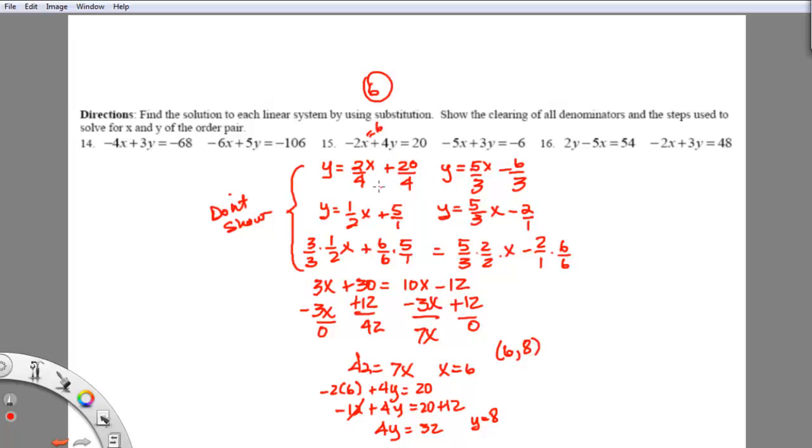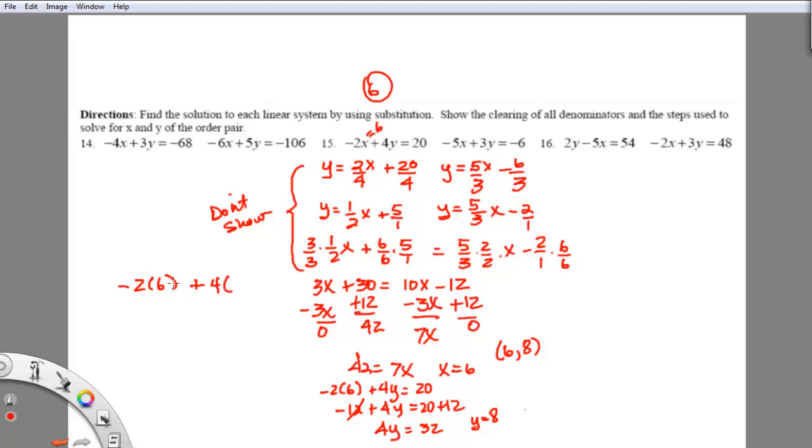So if I were to graph these two equations that I have here, they would cross at 6 and 8. Now if you want to check your problem, this is how you check it. I'm going to come over here and do it. You can do this on scratch paper just to check it. So -2 times x, so that's a -2 times 6 plus 4 times y.